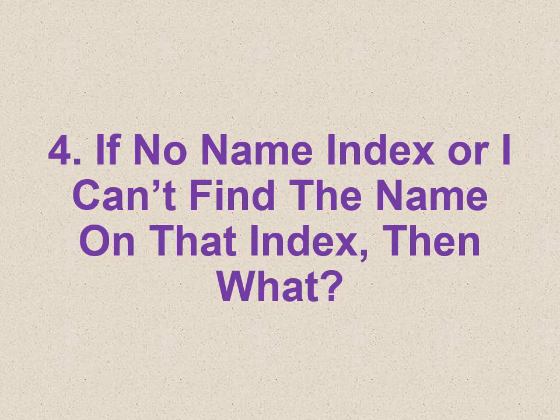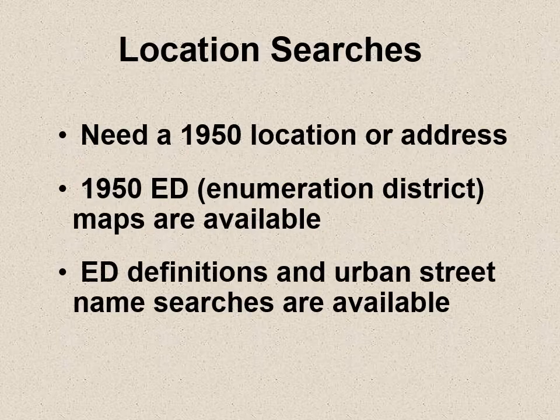So if there is no name index, and there won't be in April of 2022, or I can't find the name in that index, then what do you do? And of course, the answer is you're going to do locational searches. You'll need a 1950 location or address.